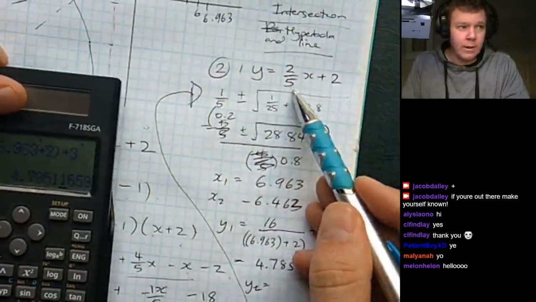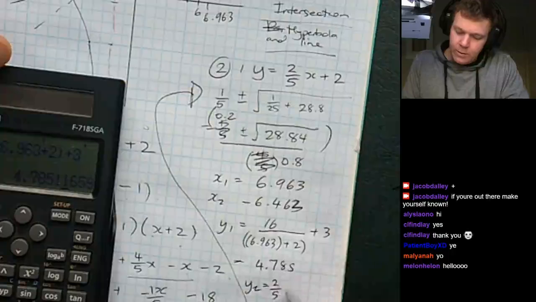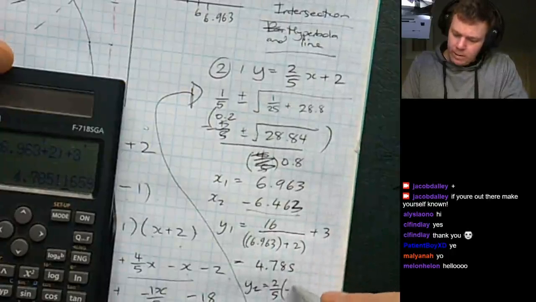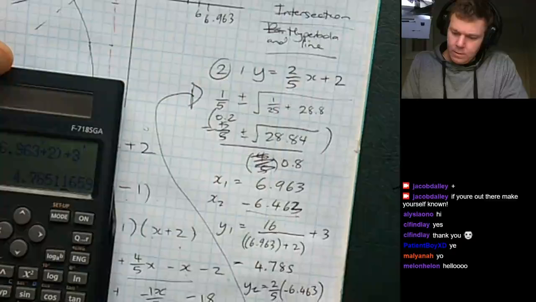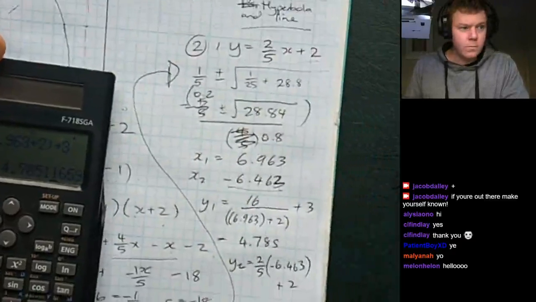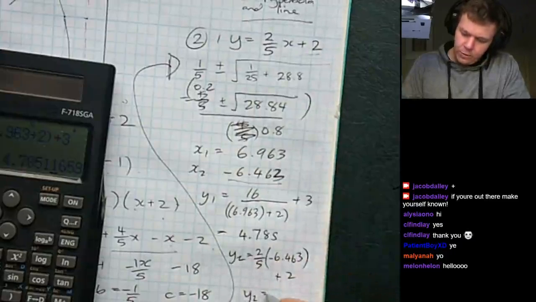Let's use the line to see if we get the same thing. 2/5 of our x2, negative 6.463, then we're going to add 2. It's getting very squished in here.